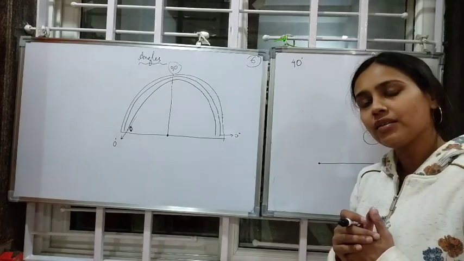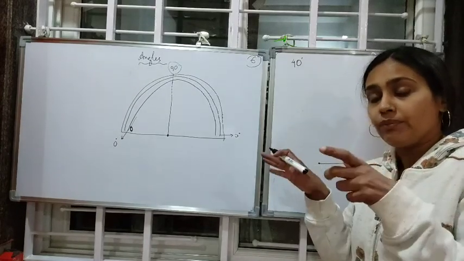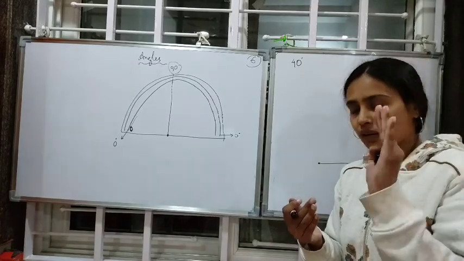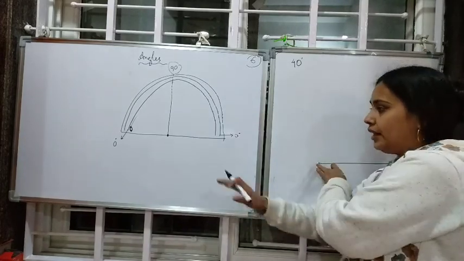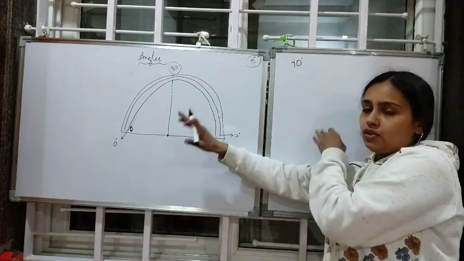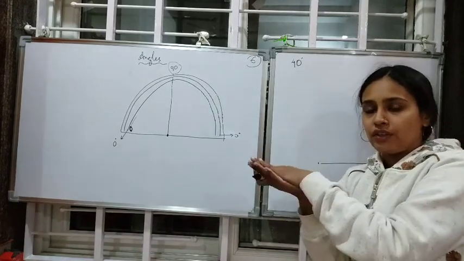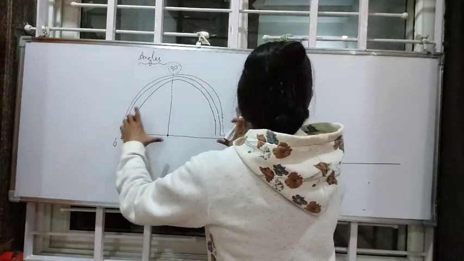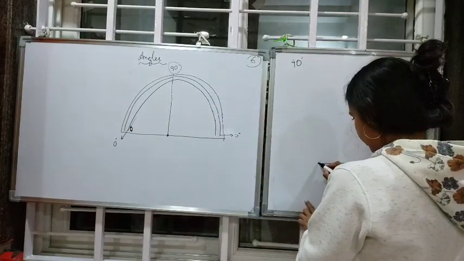Coinciding means they should be one on top of the other. So we will place this protractor here.